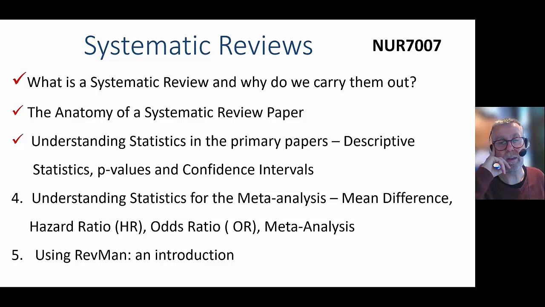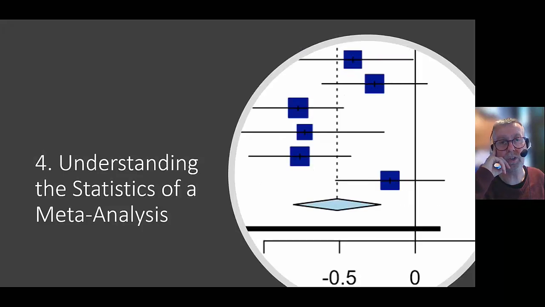And finally, in the very last video, video 5, I will show you how to actually carry out a meta-analysis using the freely available program RevMan. So, on with the video, understanding the statistics of a meta-analysis.